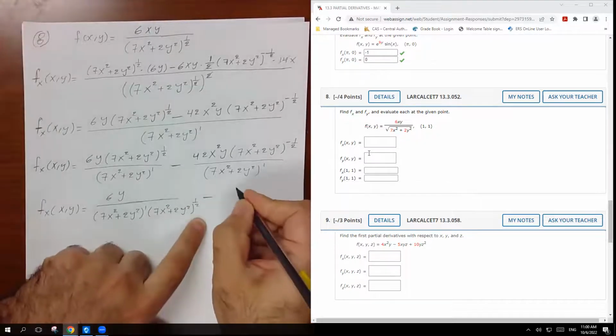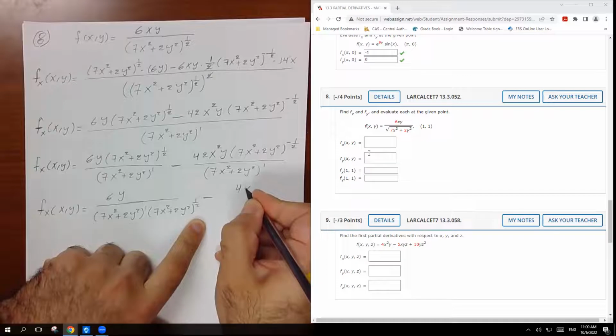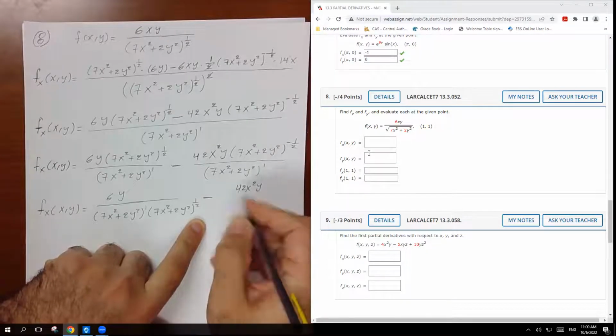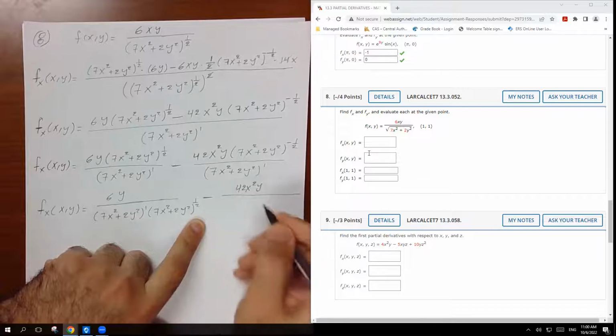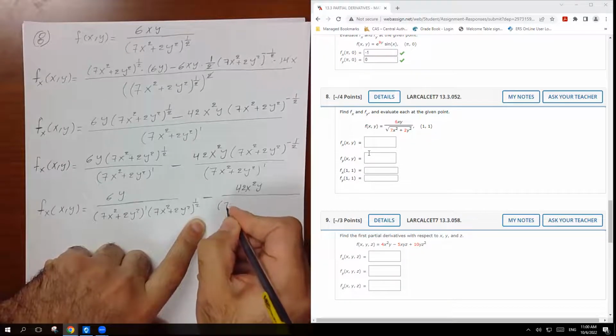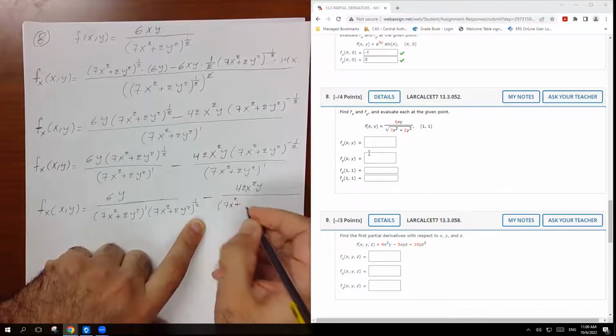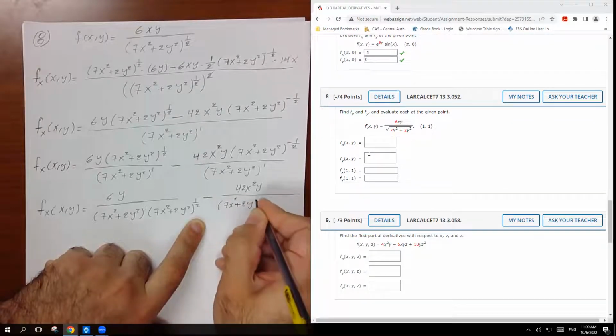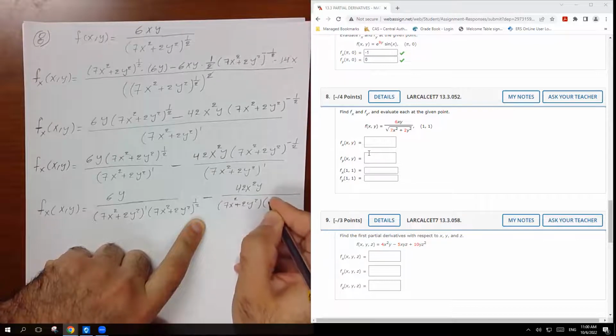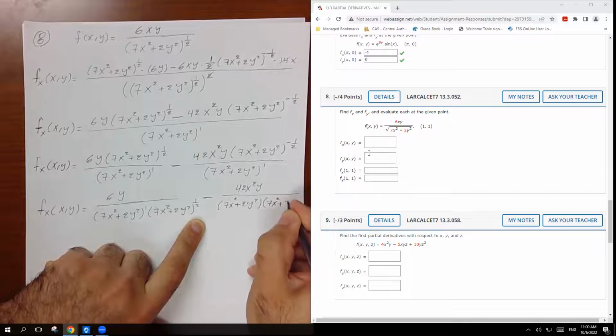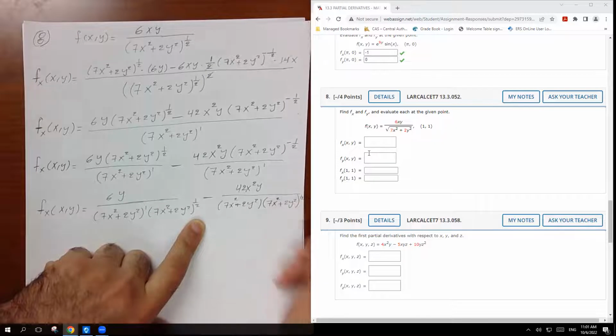The same thing here, I'm going to say 42, sorry, 4 over is going to be 7x squared plus 2y squared, and here 7x squared plus 2y squared to the half, 1 over 2.